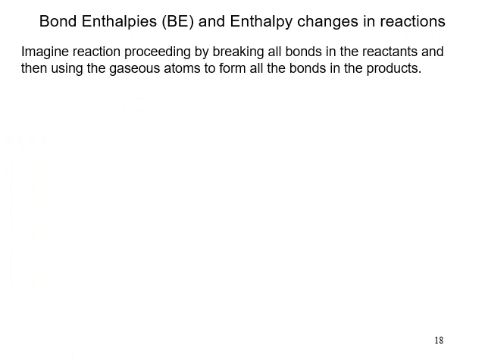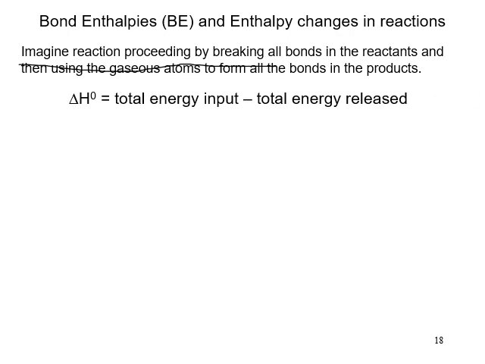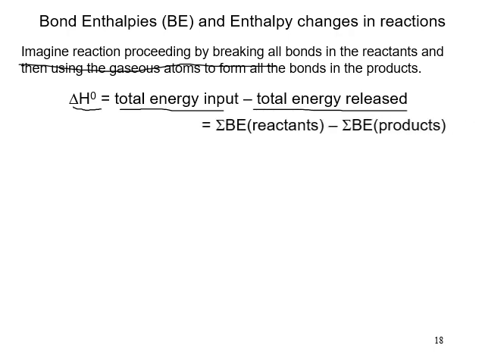So for these enthalpy changes using bond enthalpies, if you break all the bonds in the reactants into gaseous atoms to form bonds in the products, that's the enthalpy of reaction using bond enthalpies. So the enthalpy of that reaction is a function of the total energy input and the total energy released.